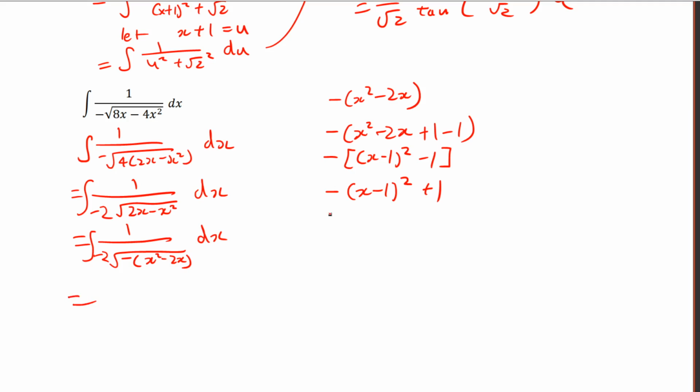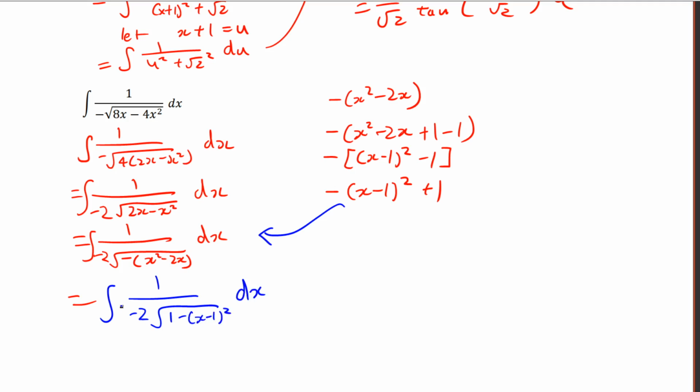Or then if I put this back into here, I'll get 1 on negative 2 square root. So whatever was under the square root here is equal to this, 1 minus x minus 1 squared.